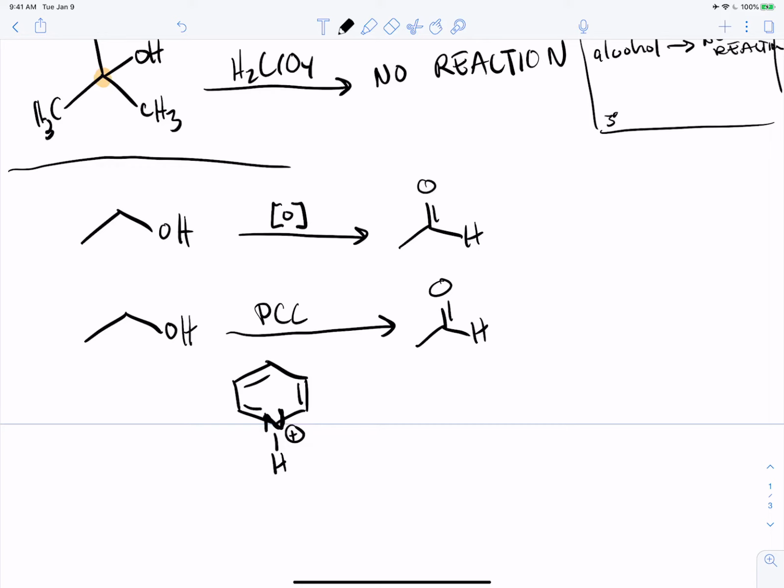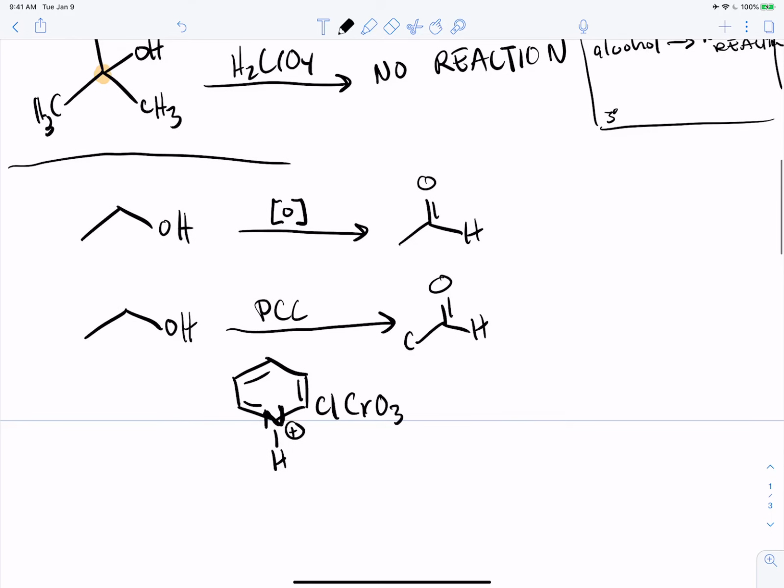Pyridinium chloro, and then chromate, which is CrO3. So what you have here is a salt of chromium. And this special reagent allows you to stop at the aldehyde.